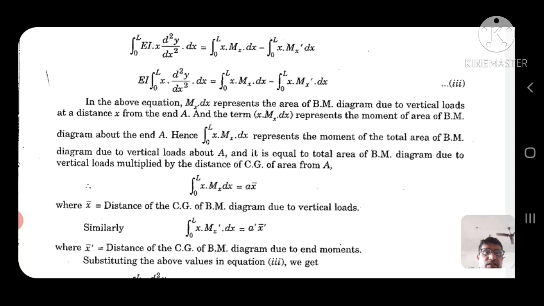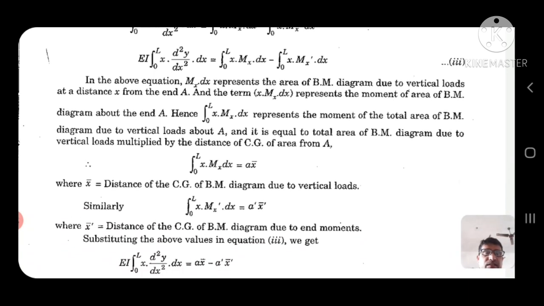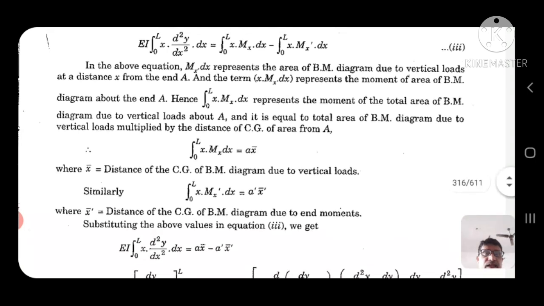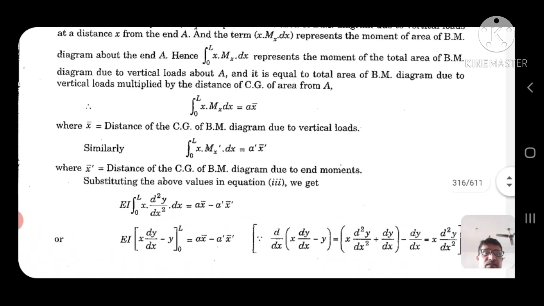In the above equation, Mx dx represents the area of the bending moment diagram due to vertical load at a distance x from the end A, and the term x Mx dx represents the moment of the area of the bending moment diagram about the end A.